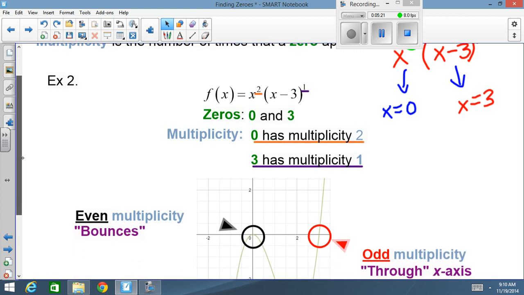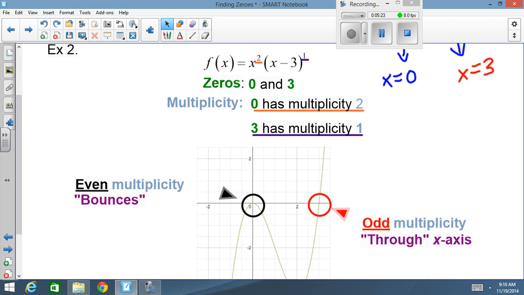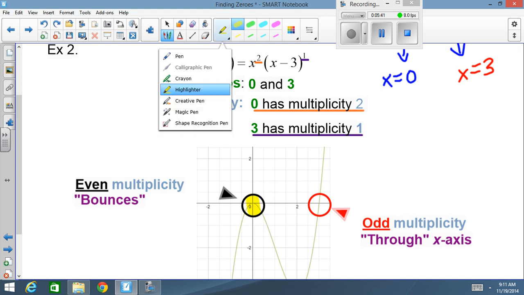Well, what does that have to do with our graph? Well, here's what it has to do. If you have a multiplicity of 2, or 4, or 6, or 8, then when you come up to the x-axis, you don't cross over the x-axis, you bounce off of it and go right back down to where you came from.